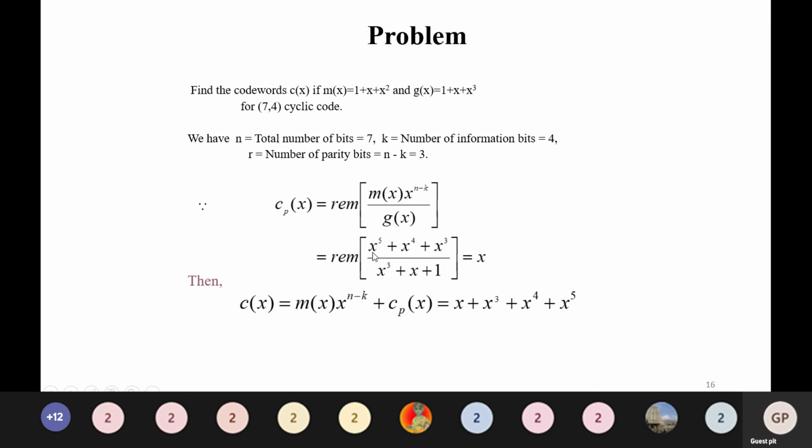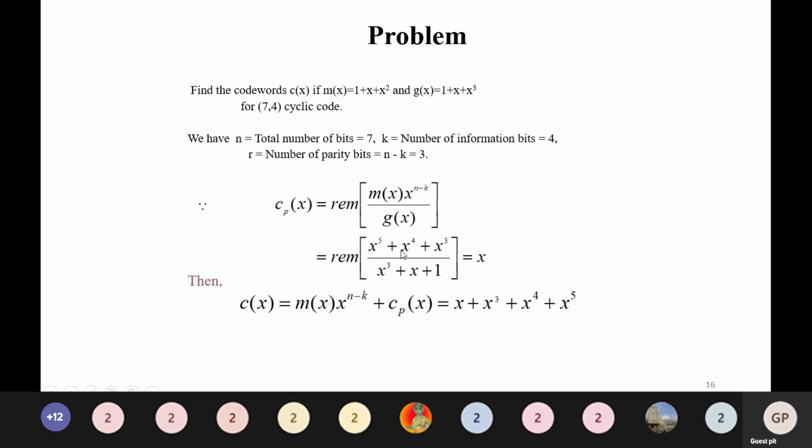If you multiply this, you get the numerator. In the denominator, you have 1 plus x power 3, and you have to use modulo 2 addition. So this is x power 3 plus x plus 1. So what is the divisor?